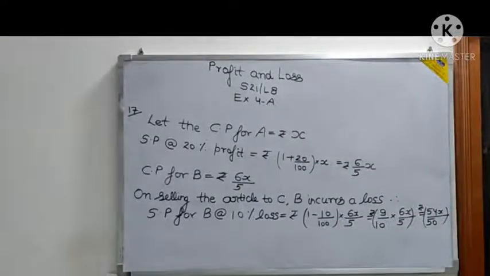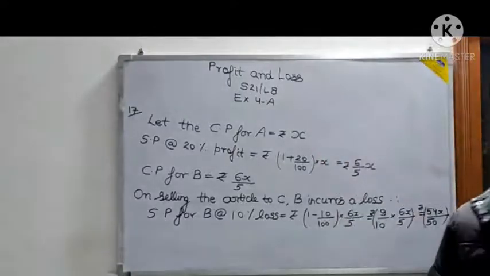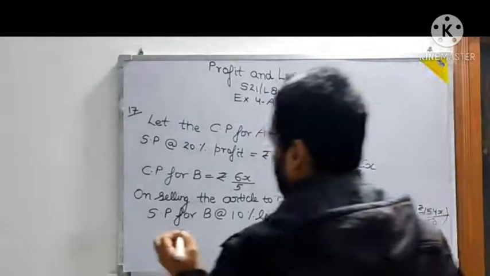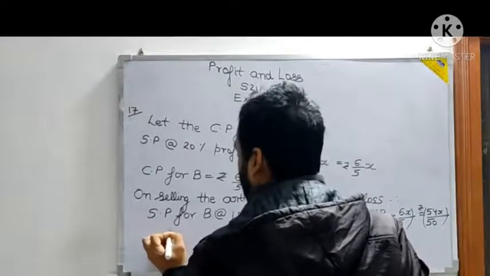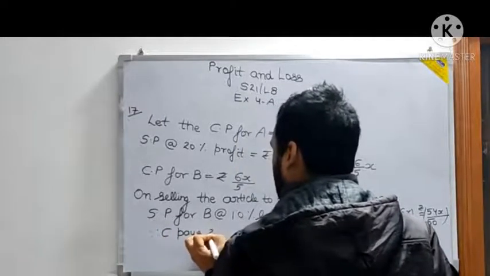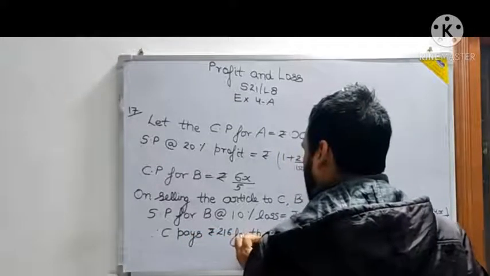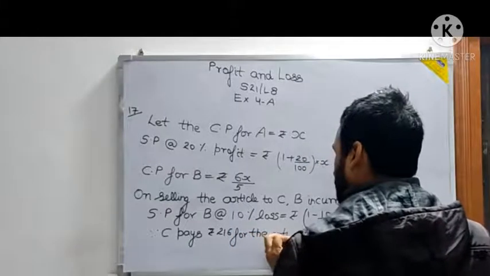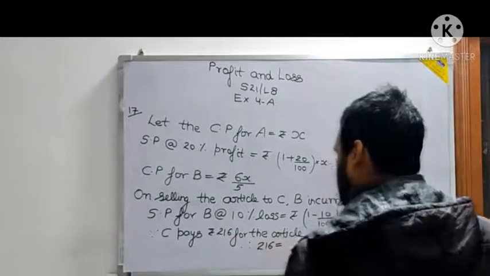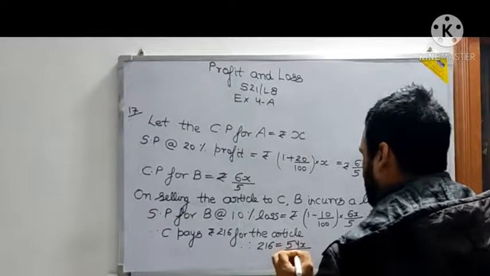So C is purchasing it. So C pays how much rupees? 216 for it. Since C pays rupees 216 for the article, therefore 216 will be equal to 54x upon 50.